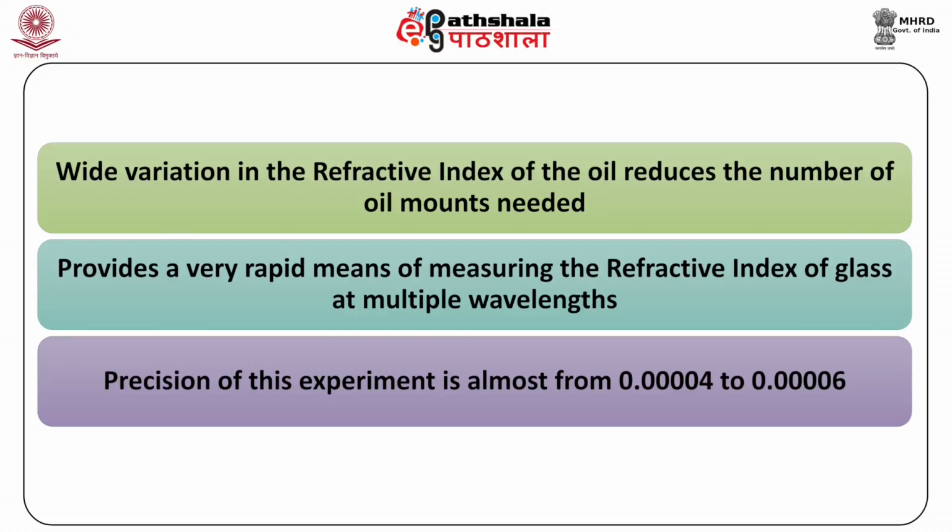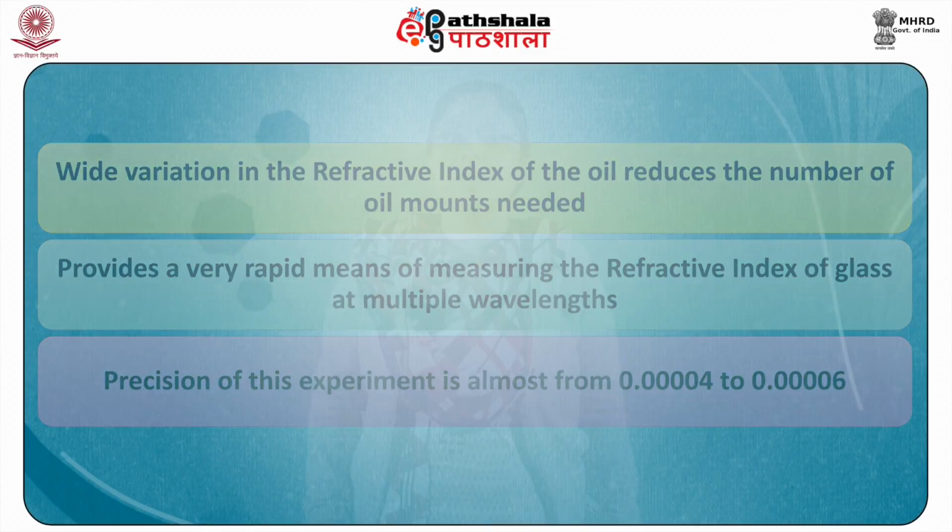This method provides a very rapid means of measuring the refractive index of glass at multiple wavelengths also. The precision of this experiment is from 0.0004 to 0.00006, which is very good.